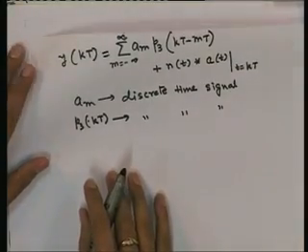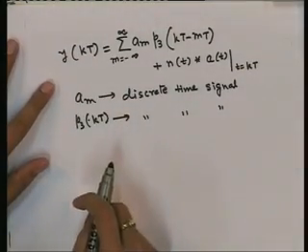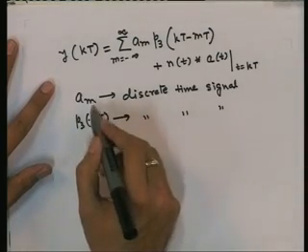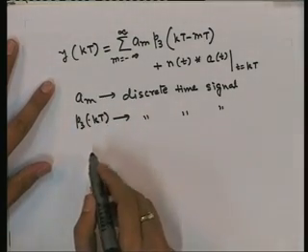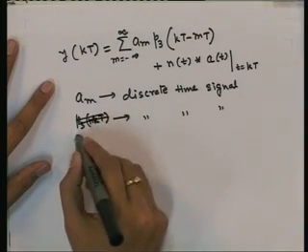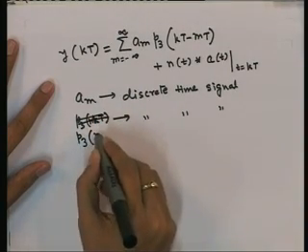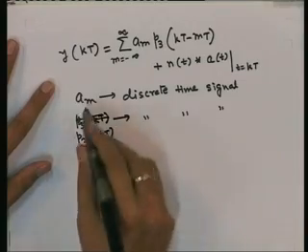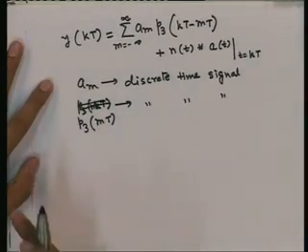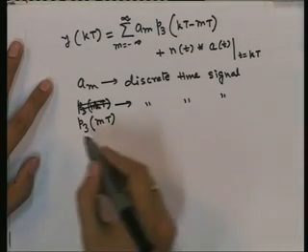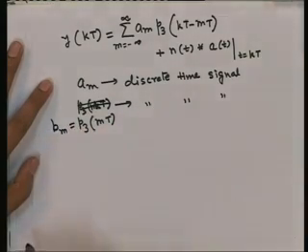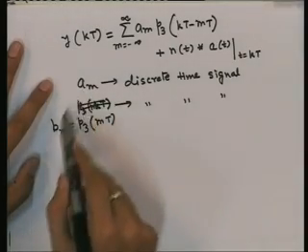Now let us see what is the convolution of these two sequences. Let us use the same variable in both places, P3(mT). Suppose this sequence is called b_m.